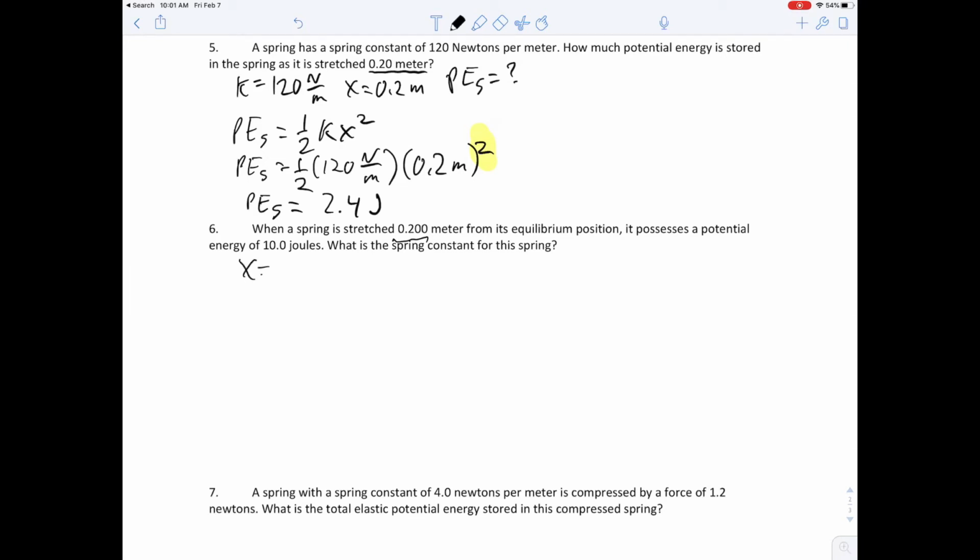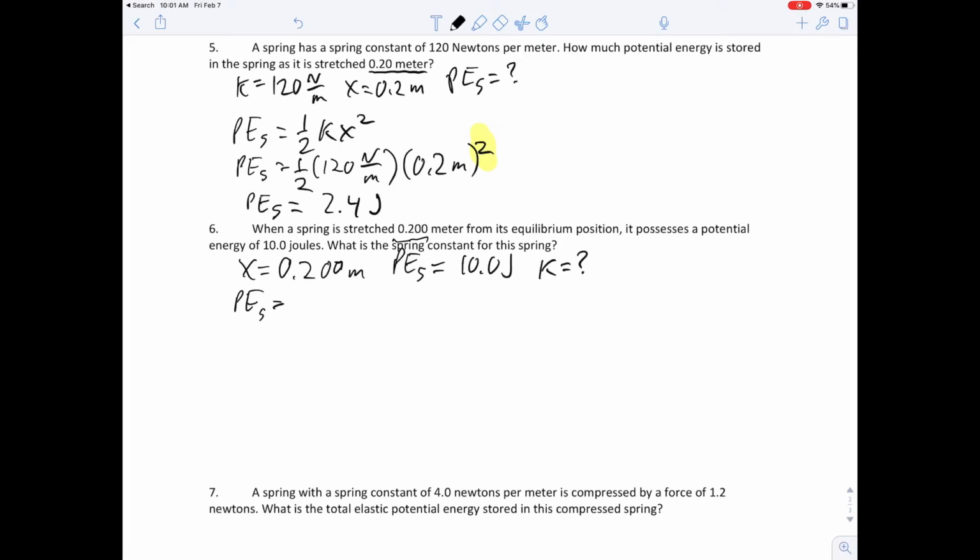So, but let's see. X is equal to 0.200 meters. All this means is I'm going to have more significant figures, right? Now they give us the potential energy of the spring, 10.0 joules, and we want to know K.